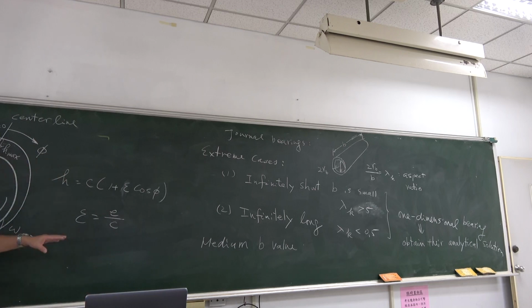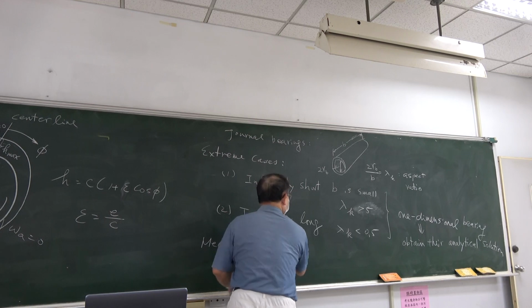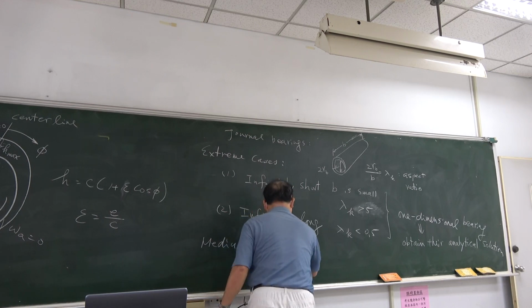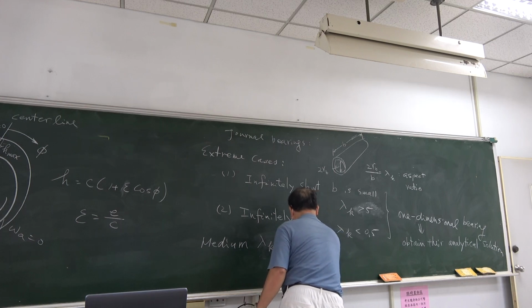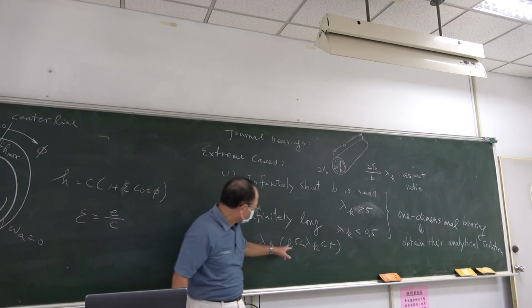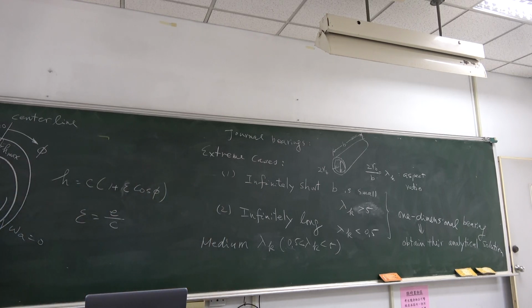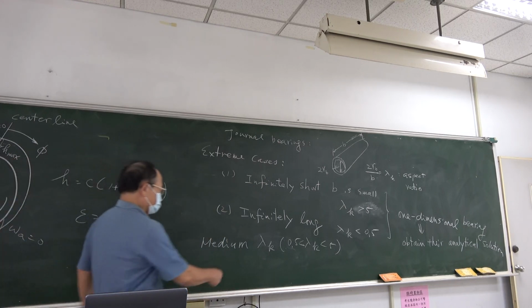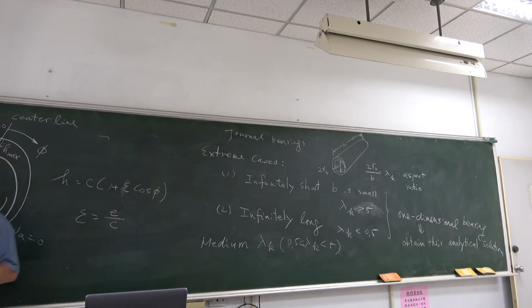But if it is median length, OK， 如果我们的这个 B median OK lambda K value。If your lambda K value is between 0.5 and 5， 它在5跟0.5之间的话，this we call the median lambda K， 它就是这个轴承不长又不短。OK， most bearings are designed in this range.